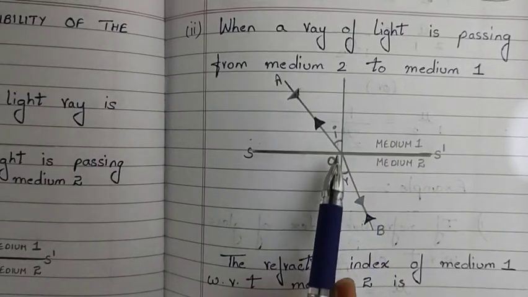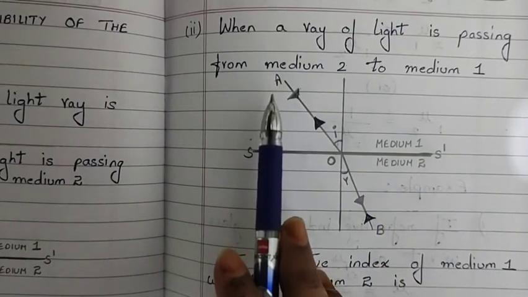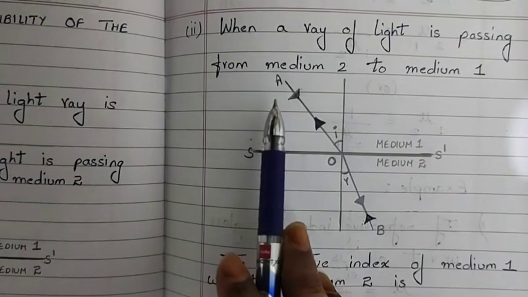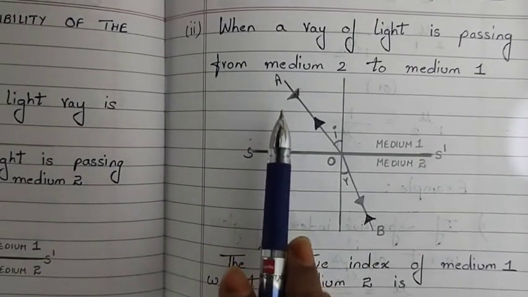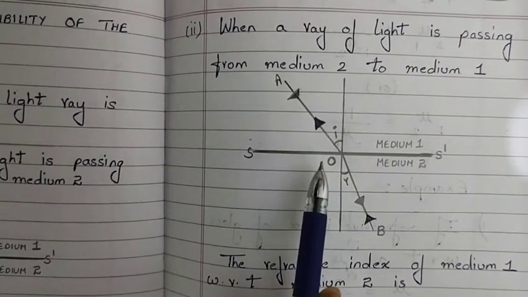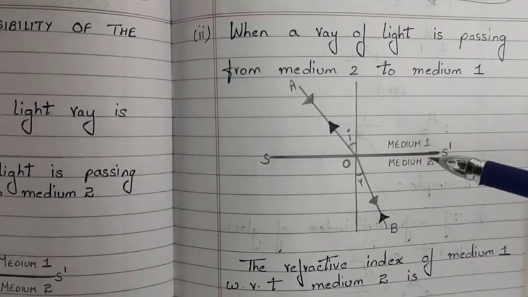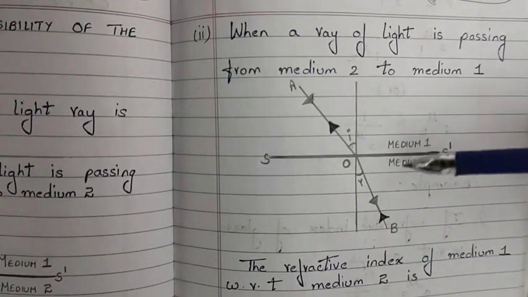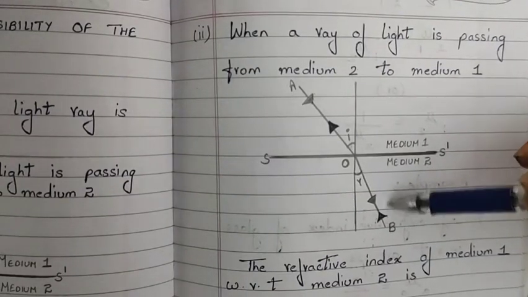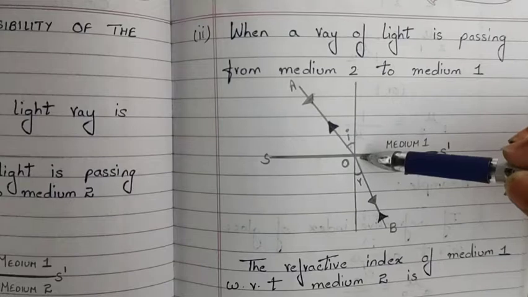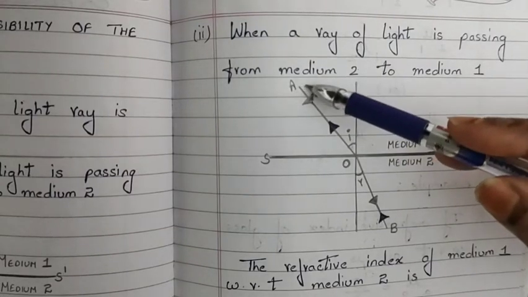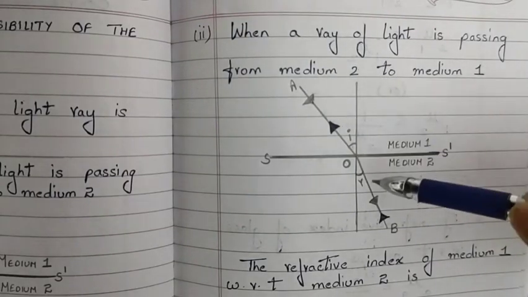Now OA will be considered as the refracted ray at an angle of refraction. Previously OB was considered as the refracted ray, but now, due to the principle of reversibility of path of light, BO is considered as the incident ray and OA is considered as the refracted ray.